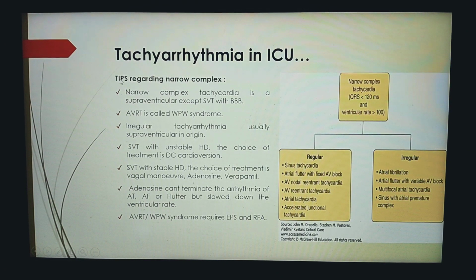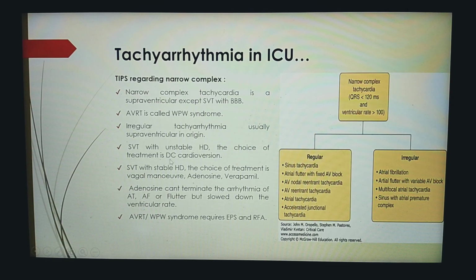What are the important tips regarding narrow-complex tachycardia management? We should check for regularity or irregularity. If irregular, then atrial fibrillation, flutter, or multifocal atrial tachycardia. If regular, then we should check for WPW syndrome, sinus tachycardia, or pure supraventricular tachycardia.